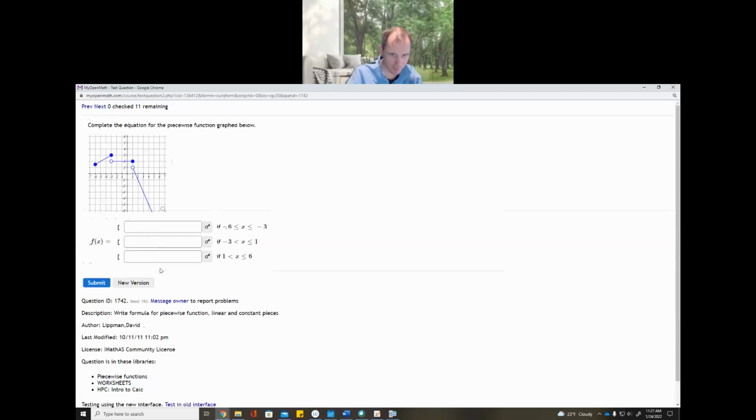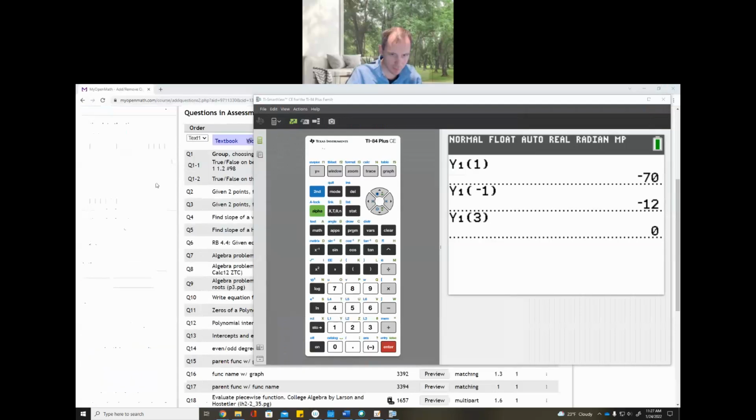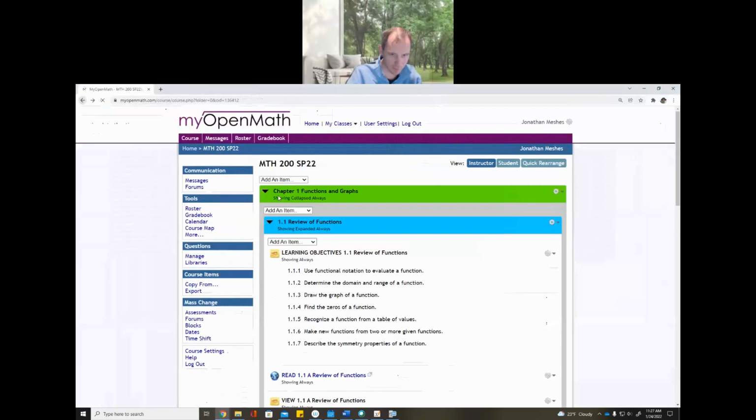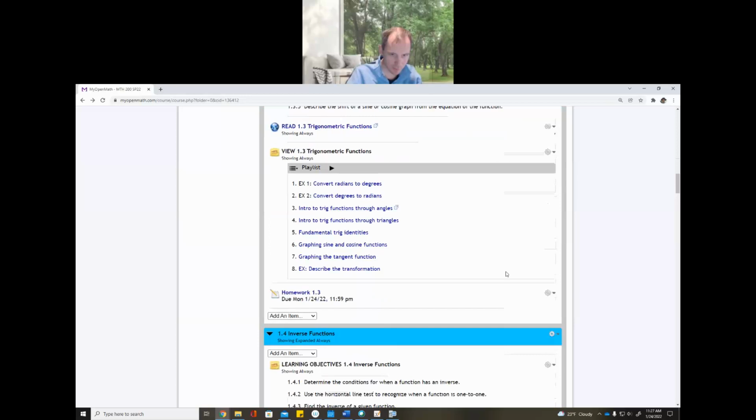Finding the formulas for the pieces of a piecewise function, that's actually pretty important. Anything else? If not, we can jump on to 1.3 and look at questions there.